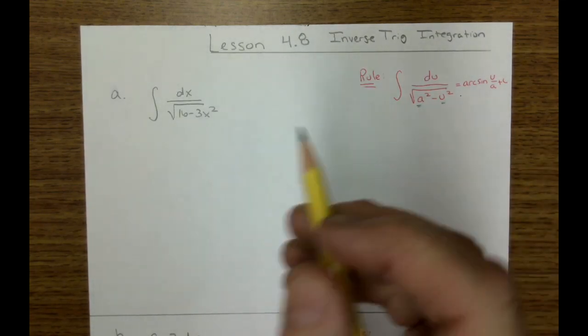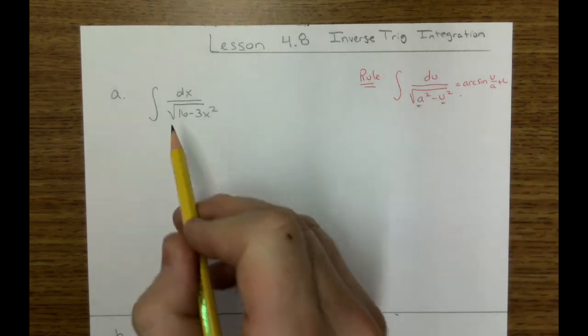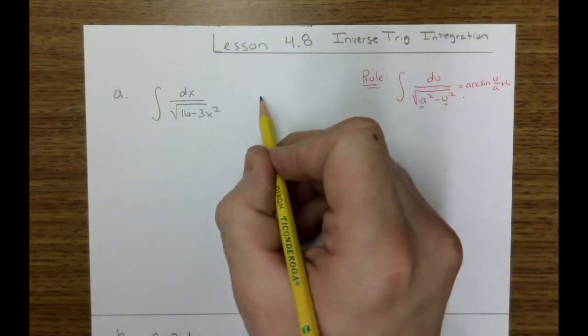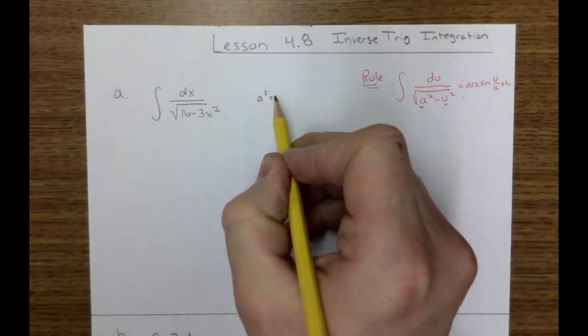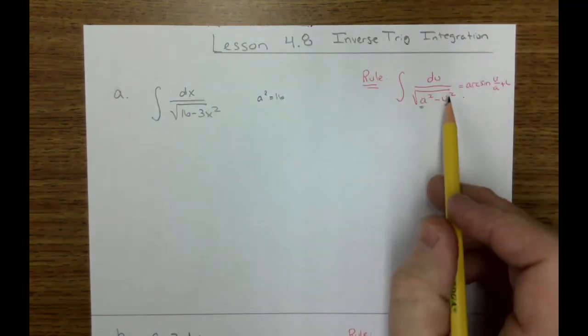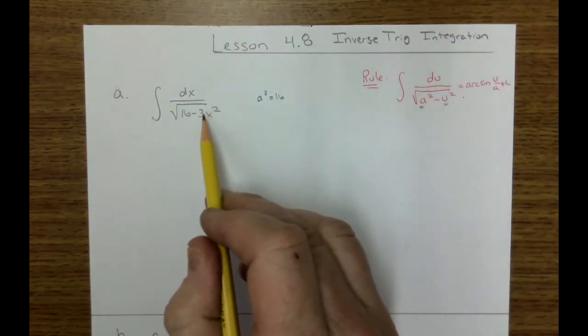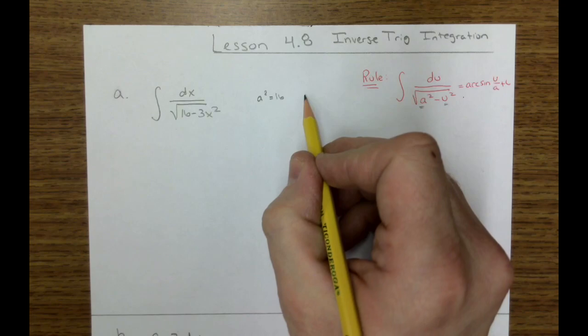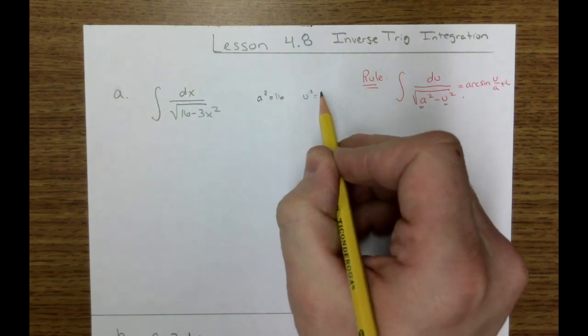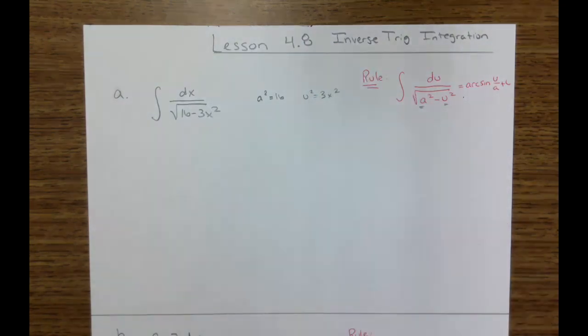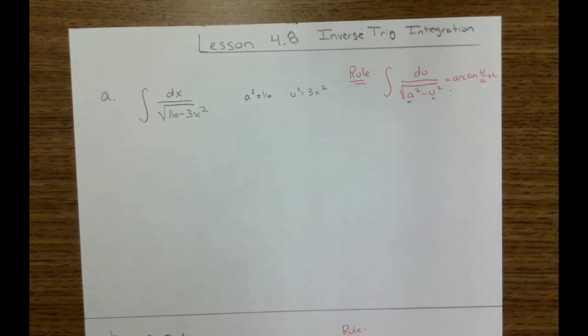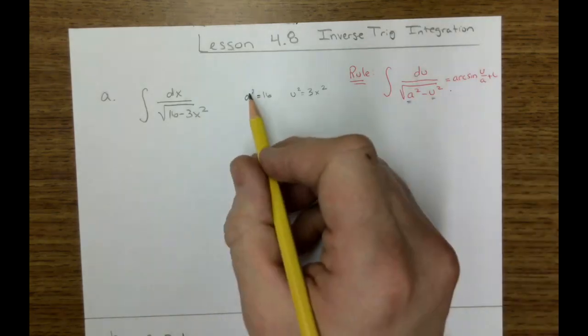Well, right off the bat, I know I need this 16 to be a squared, so I can let a squared equal 16. And I need u squared to be all of this, so u squared is equal to 3x squared. Now that we have that, a couple of things we're always going to do: take the square root of this.